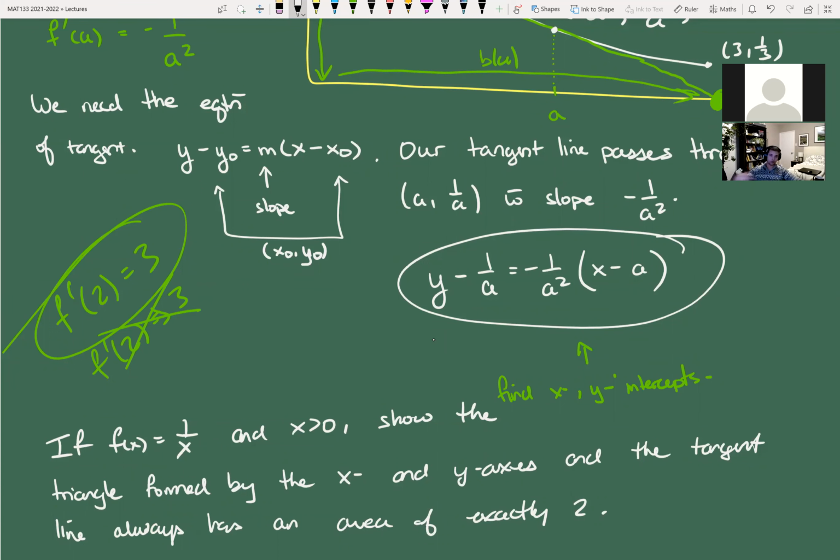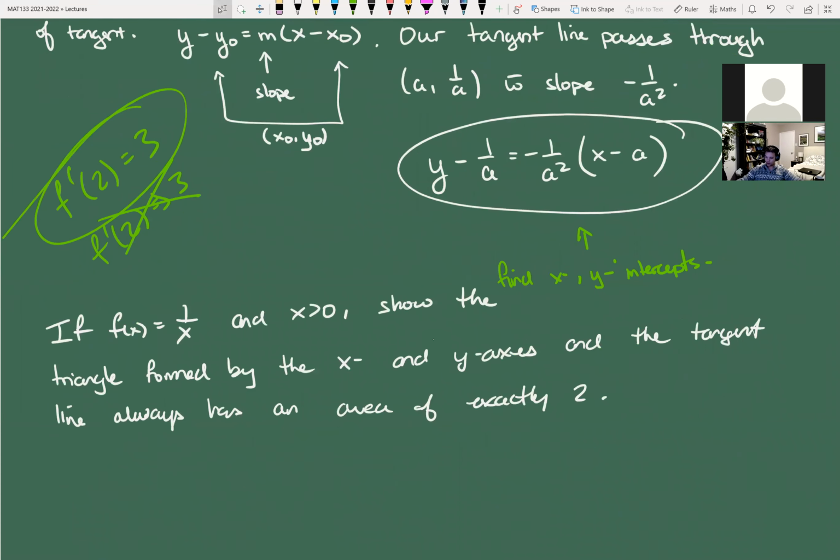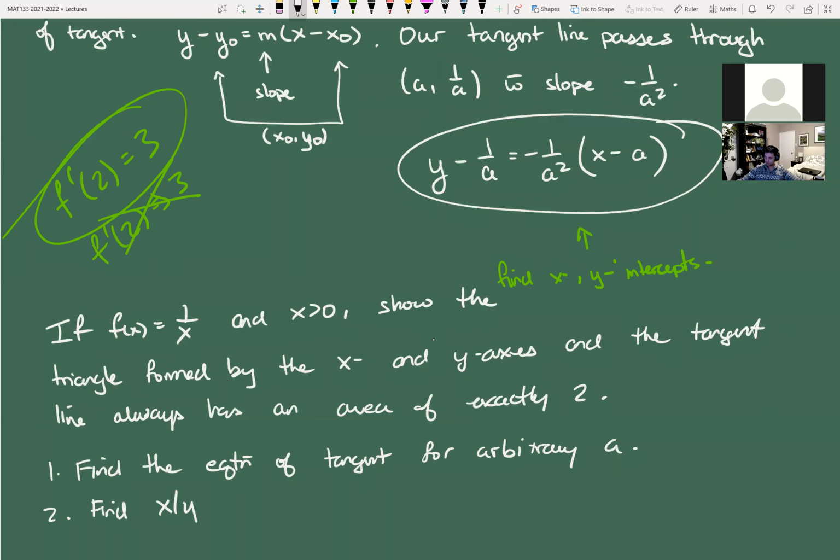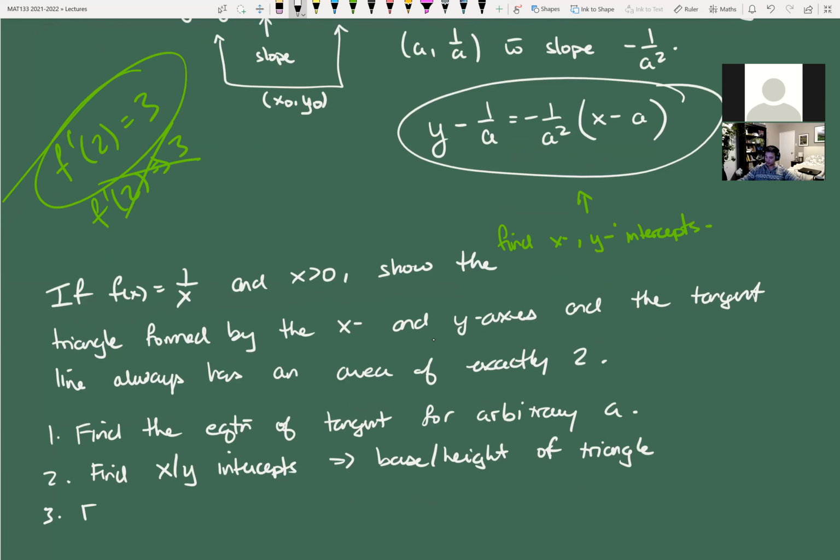Right? And we set it up. So the steps here were: 1, find the equation of a tangent line for arbitrary A. 2, find the X and Y-intercepts, which is the same thing as the base and height of the triangle. And then 3, find the area. Right?